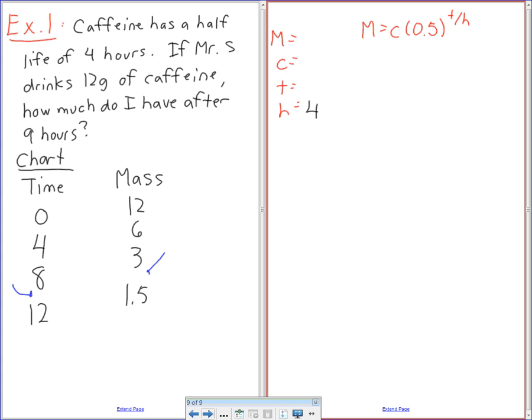C is 12. That's your starting value. Very good. T is 9. Good. Decimals would be possible, you can change to decimals, but these will all be whole numbers for right now. Carly, can you sub the numbers into my equation, please? Tell me if it's right.